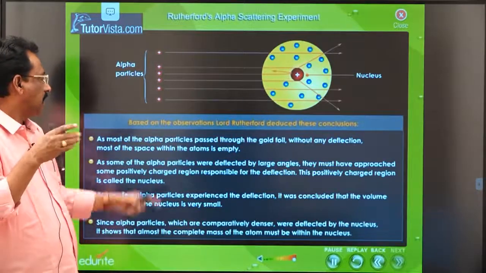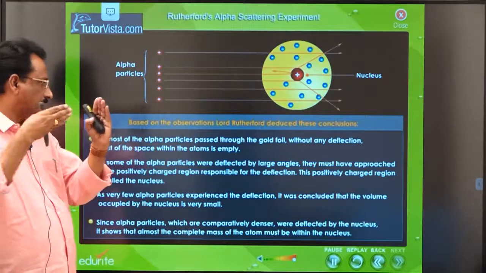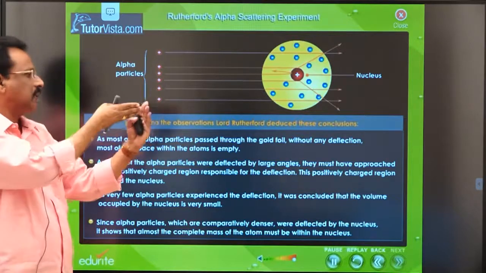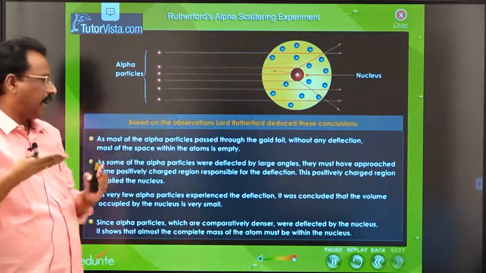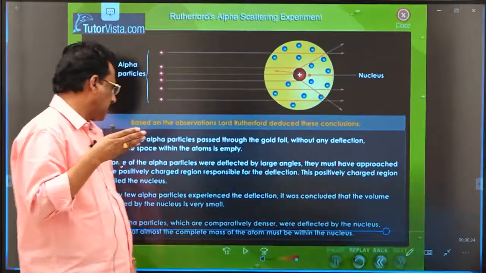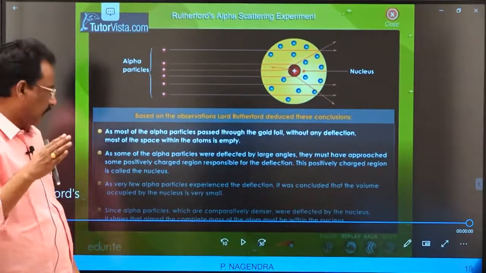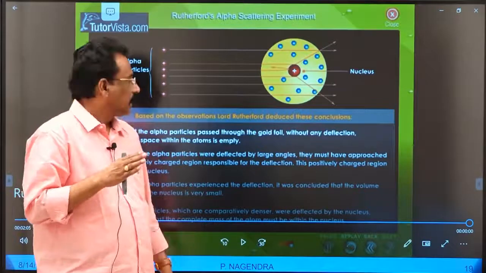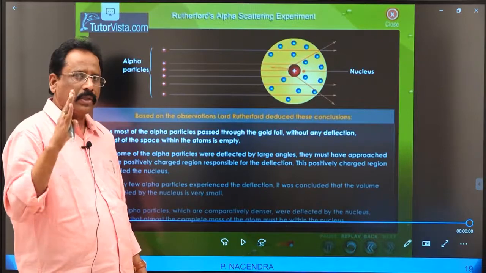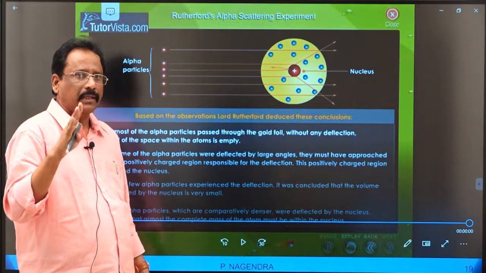This indicates that the alpha particle directly struck the positively charged nucleus. That's why it deflected back along its original path. This indicates the size of the nucleus is very small. So these are the observations and conclusions according to Rutherford's alpha particle scattering experiment.